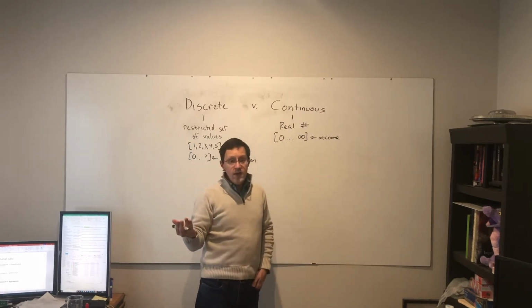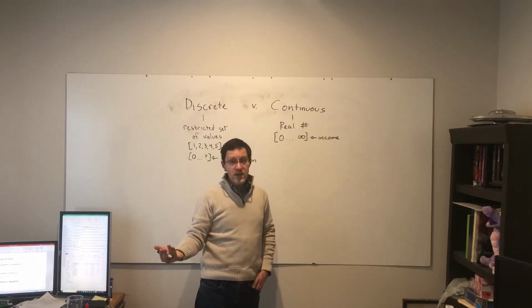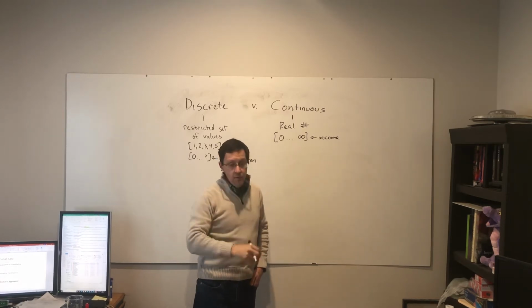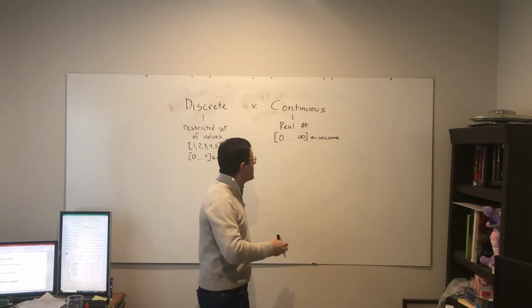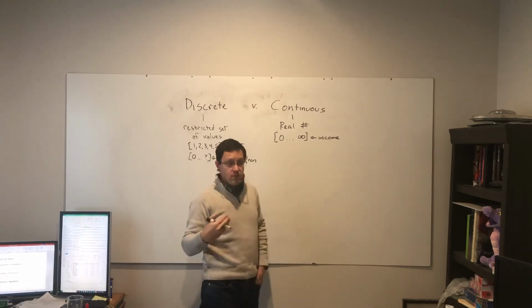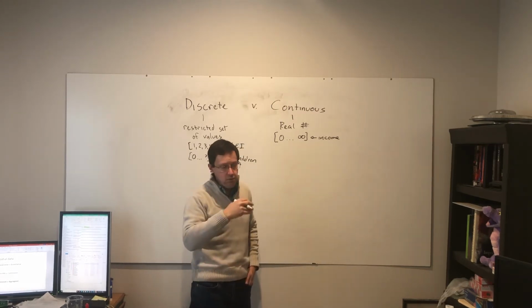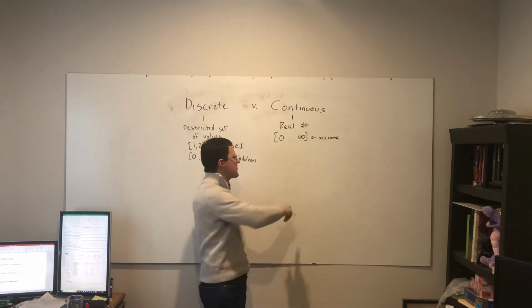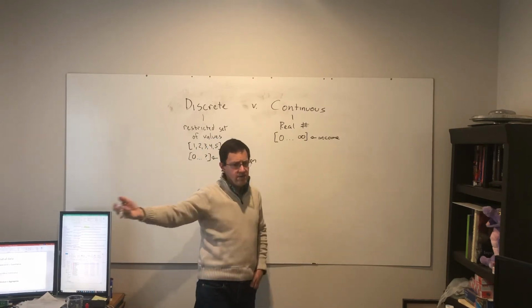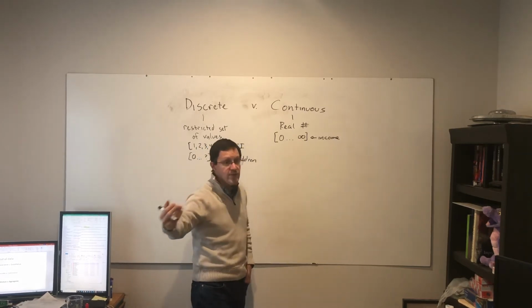So the average income of a community or the income of a household, you can't have negative, but it's still continuous. And strictly speaking, it wouldn't be infinite. Even Jeff Bezos has an upper limit to the income.